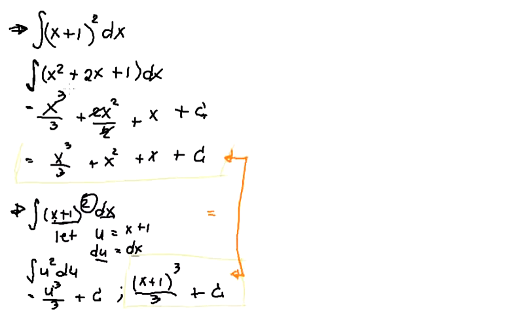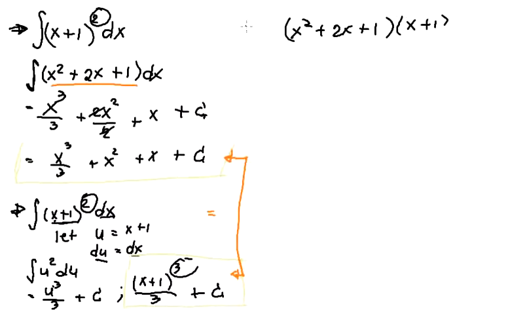Since we know that (x + 1)² is this term, let's use this: x² + 2x + 1. So this is already squared, so we need to multiply by x + 1 one more time, so that it is equal to (x + 1)³.